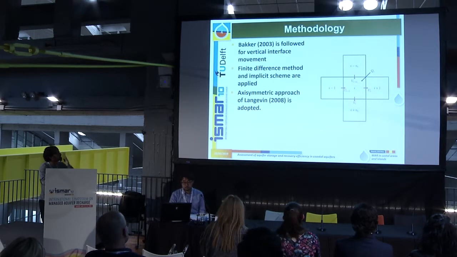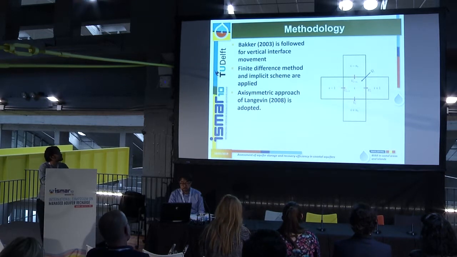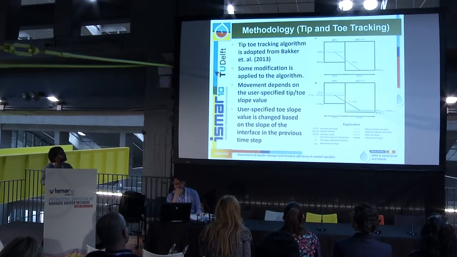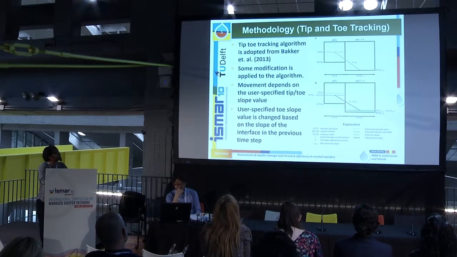The main theory is adopted from Bakker 2003 for vertical movement of the interface. Finite difference method and implicit schemes are applied. The axisymmetric approach is adopted from Langevin 2008. The main concern if I want to apply the model at local scale is the toe and tip, because at regional scale it doesn't really matter if we assume some average slope, but at local scale it really matters.